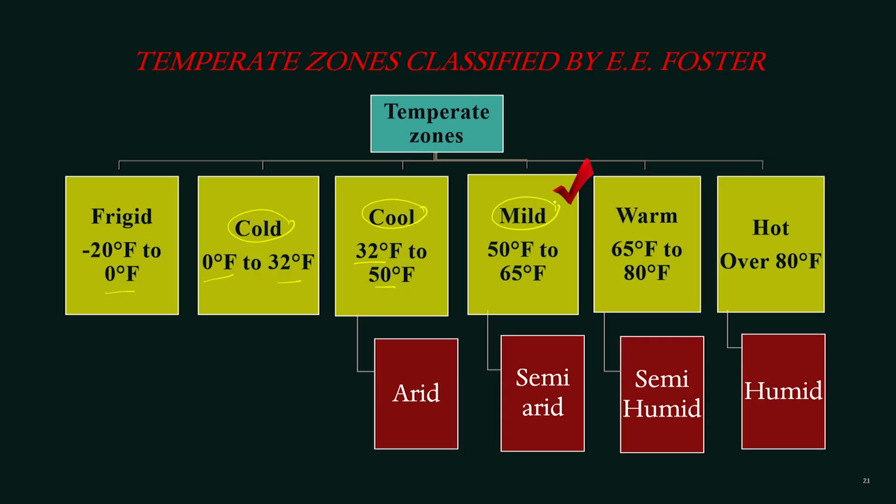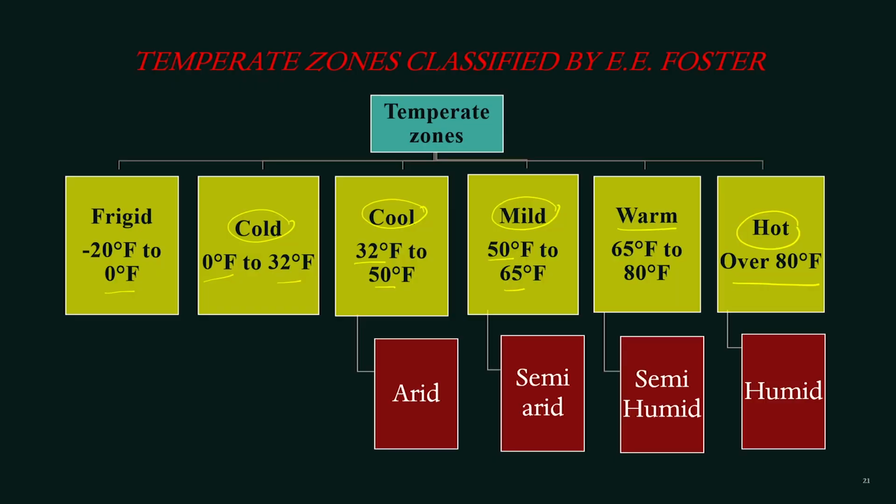Mild zones record 50 to 65 degrees Fahrenheit, warm ranges from 65 to 80 degrees Fahrenheit, and hot is over 80 degrees Fahrenheit. These are the standard range of scale he fixed for his climograph.